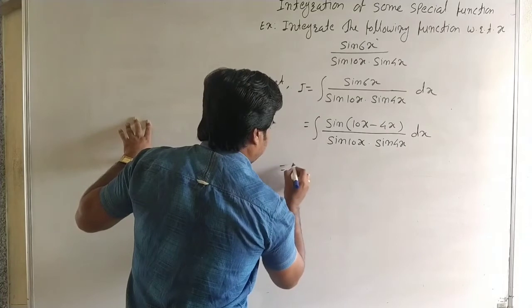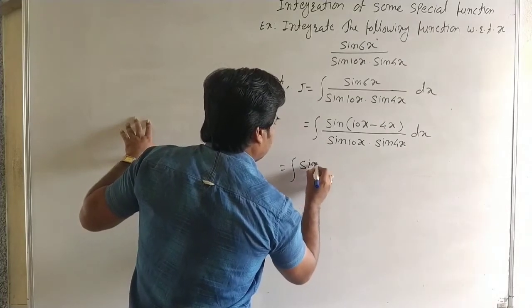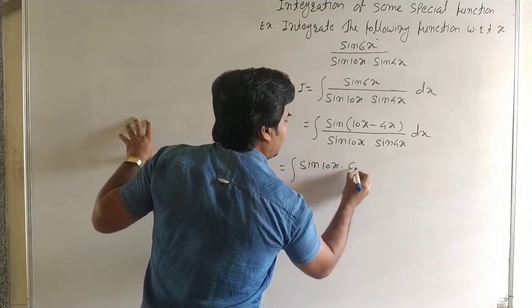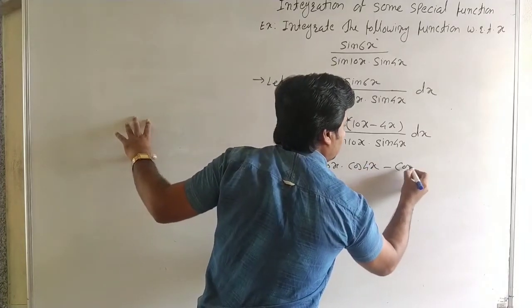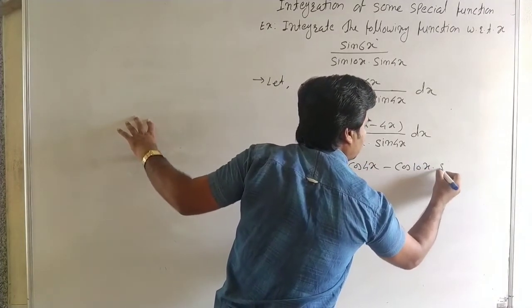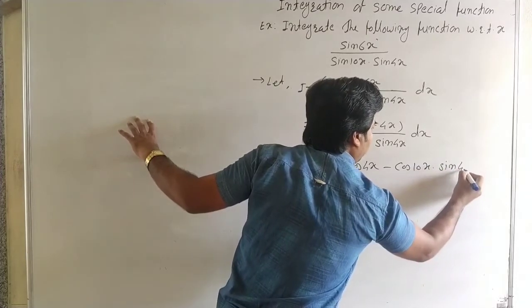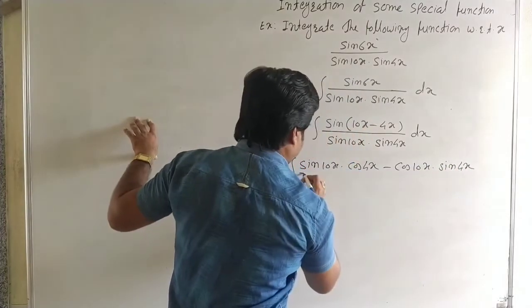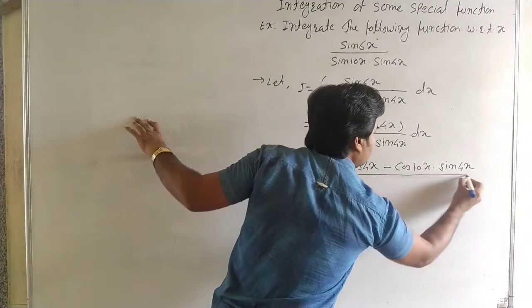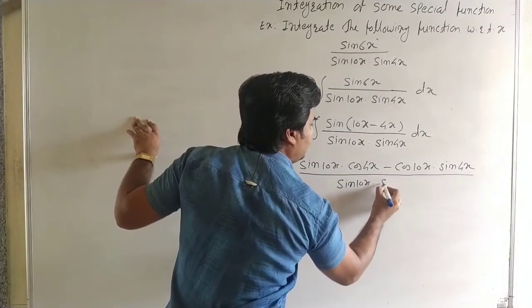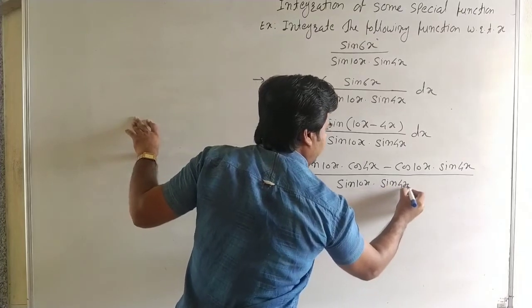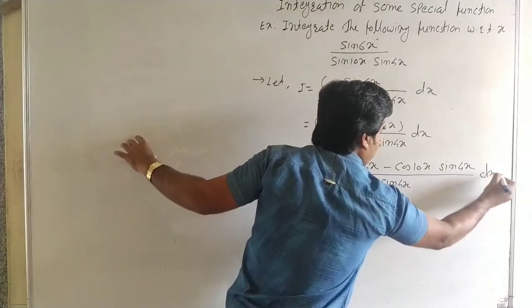Then here sin a cos b minus cos a sin b upon sin 10x into sin 4x with respect to x.